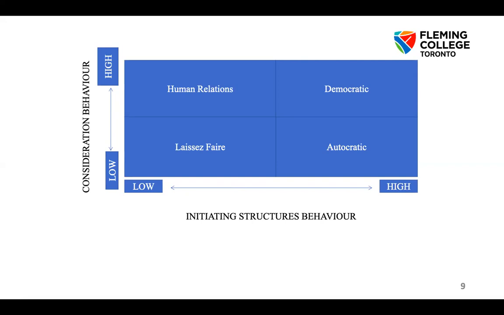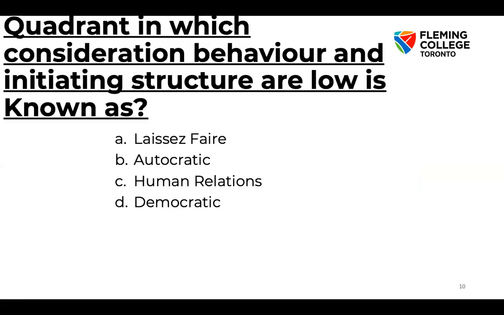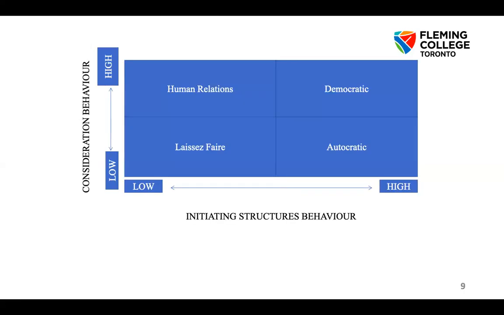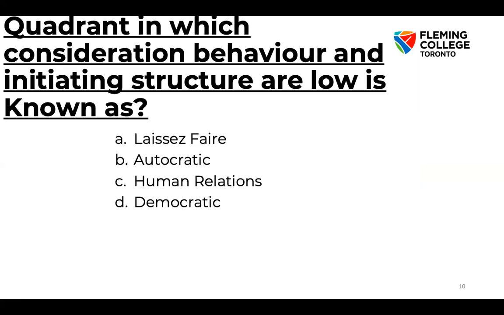If consideration behavior is low and initiating structure is high, it is autocratic. And if both are high, then it becomes democratic. Now, the quadrant in which consideration behavior and initiating structure are low is known as, what do you think? Both are low, so it's laissez-faire. Option A is correct.